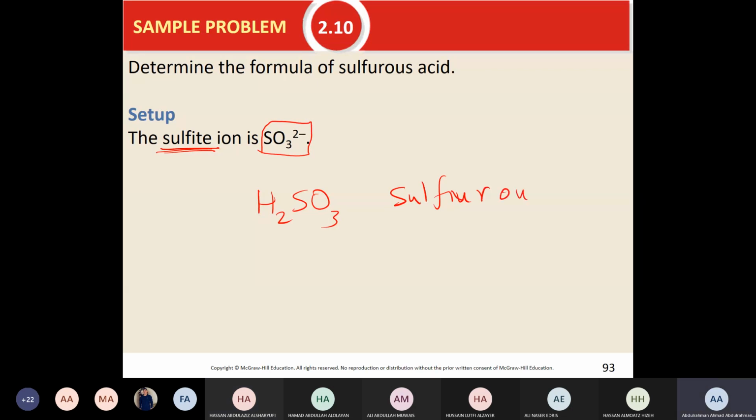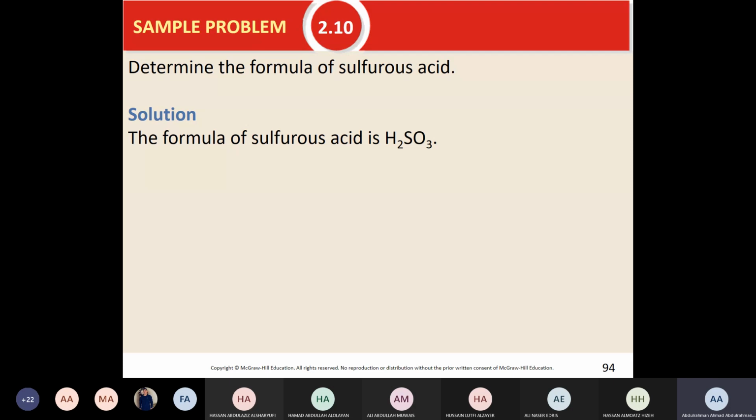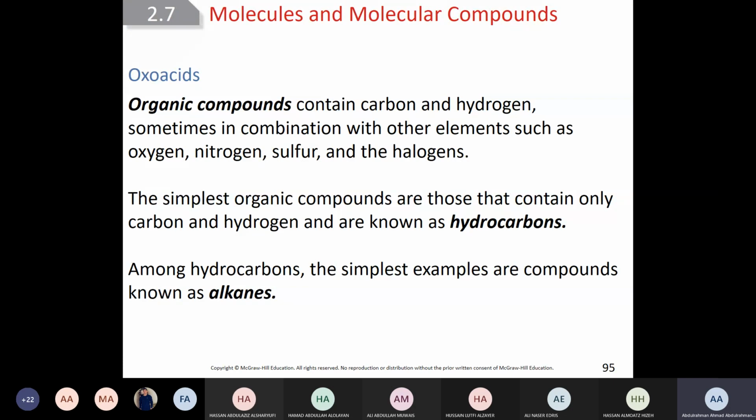Sulfurous. I just change ite into os and then write acid. Why did I put 2 here? 2 negative, to balance the charge. Exactly. Okay, good.